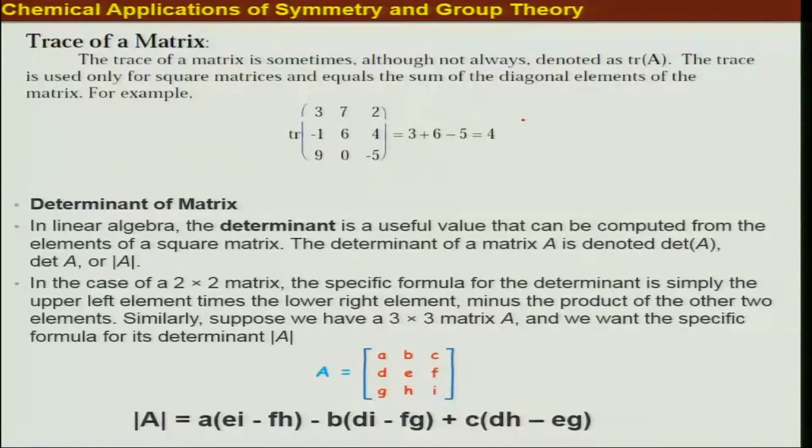If I look at any given matrix, say the matrix on your screen here, the sum of 3, 6 and minus 5 will give me the trace of the matrix. This has very important consequences, particularly in the context of symmetry point groups and their representations.